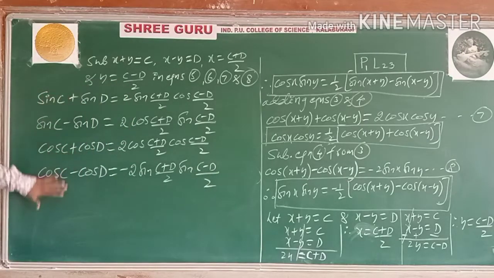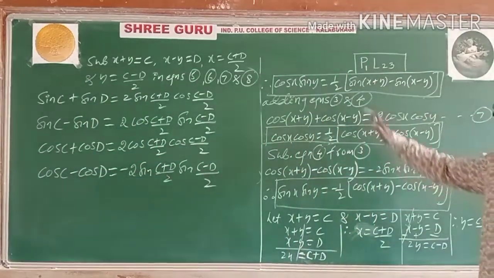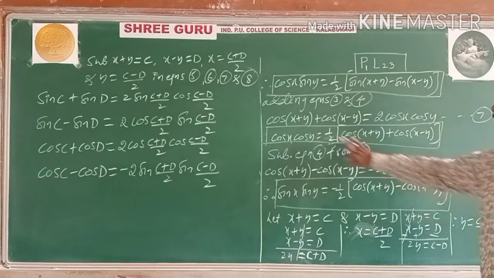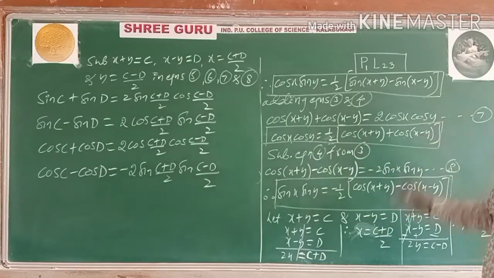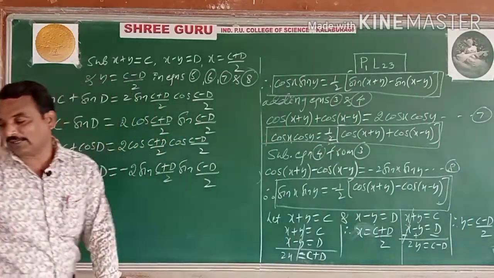See, sum and difference in terms of product, product in terms of sum and difference. So these are the 8 formulas we have got after transforming the sum and difference of cos and sin.